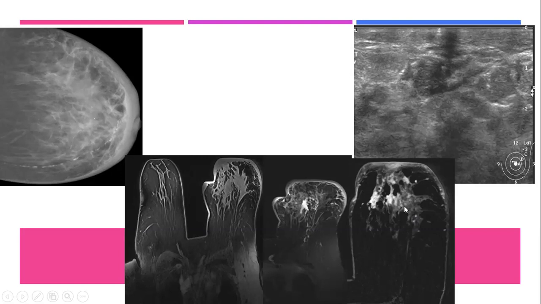And the enhancement we have is extensive through the parenchyma, multifocal, clump-like, non-mass-like enhancement. And there is skin thickening. Is there also mass-like enhancement on the other breast?